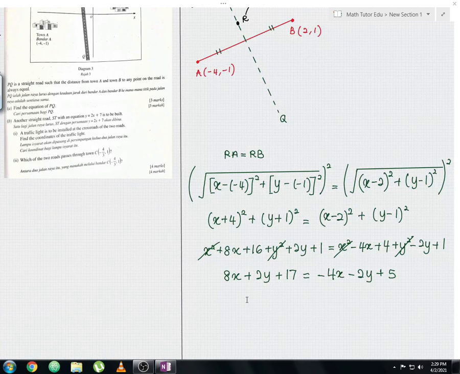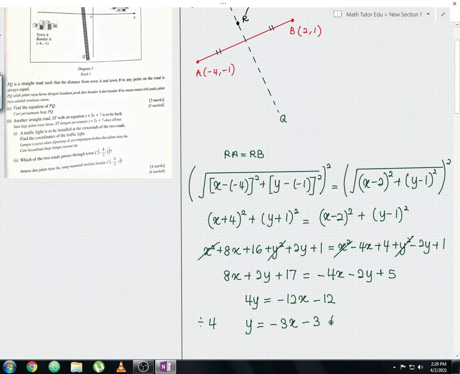So from here you'll get 4y equals negative 8x minus 4x, which is negative 12x. When the 17 moves over to the right hand side, it becomes negative, so negative 17 plus 5 gives negative 12. To simplify this equation, we divide the whole equation by 4. So you should get y equals negative 3x minus 3.